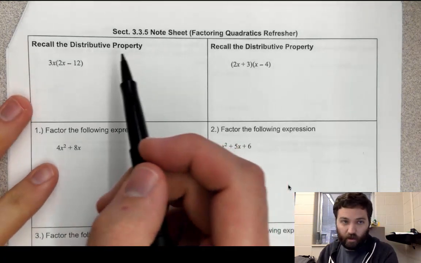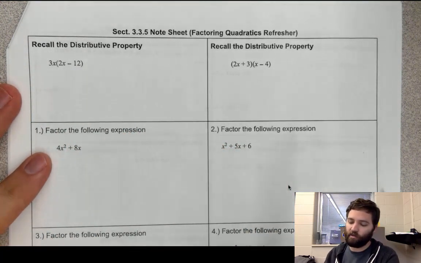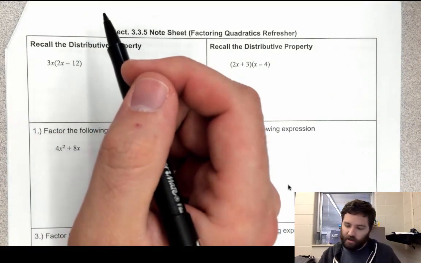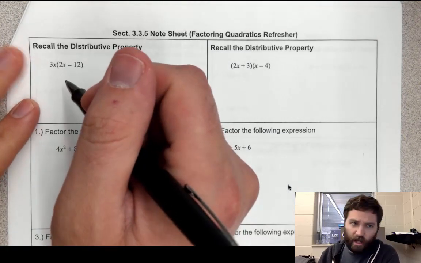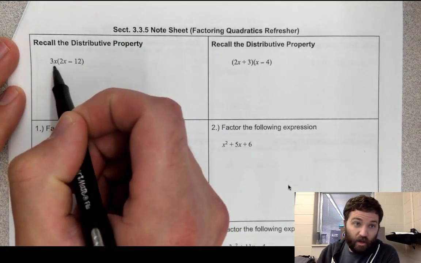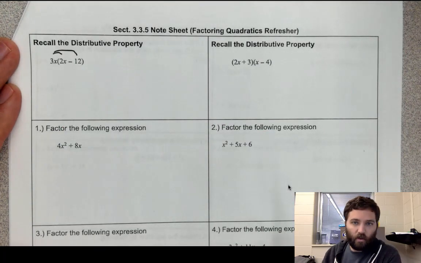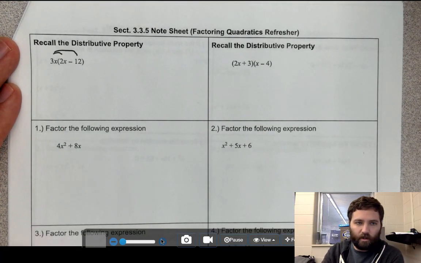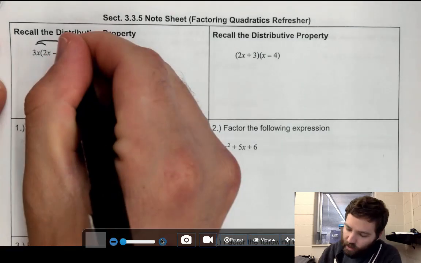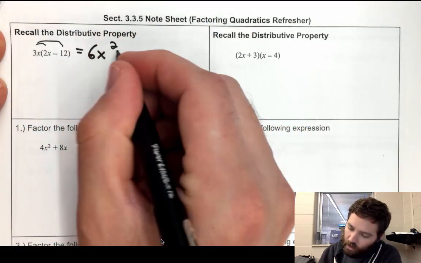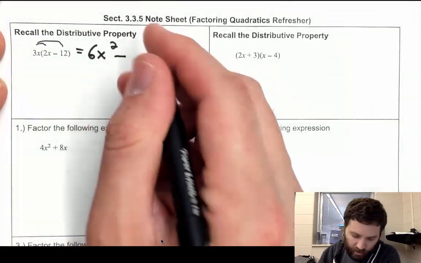So what I'd like to start off with here is just recalling the distributive property. The distributive property is the property that says that you can take something like 3x and multiply it here and here, right? And so what you end up with, in fact, let's zoom in a little bit here, is 6x squared minus 36x.